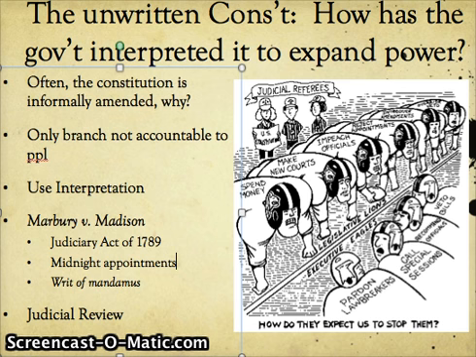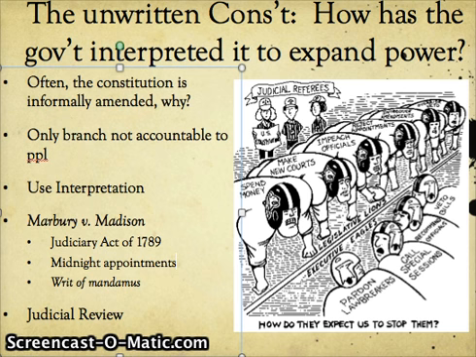The midnight appointments were judicial appointments made by John Adams before he left the office of the presidency. The Federalists had lost Congress, and the Federalists had lost the White House. So what branch is left? The judicial branch.